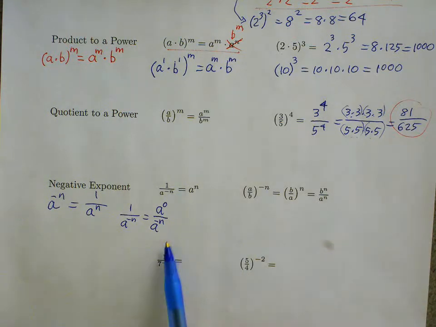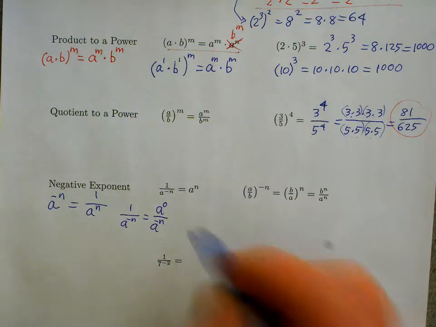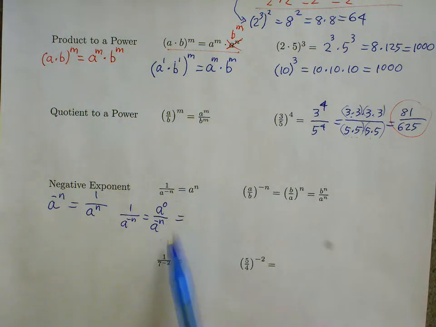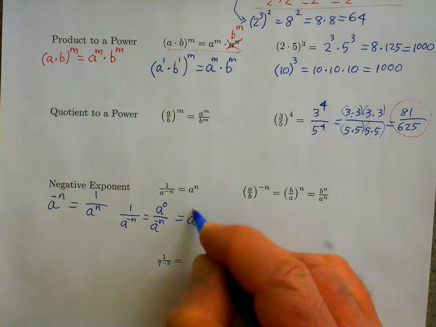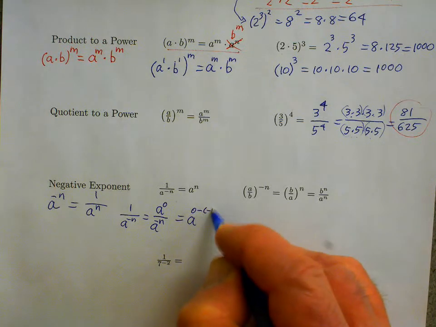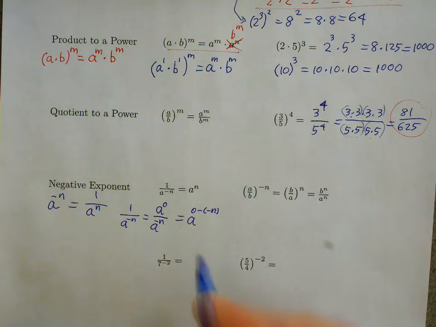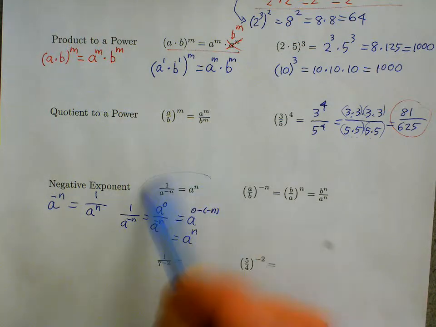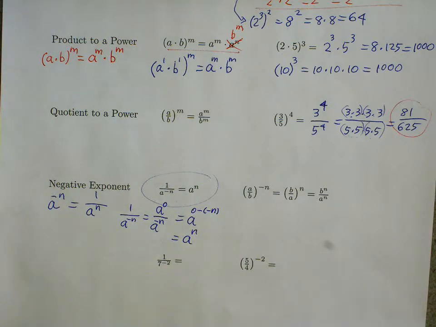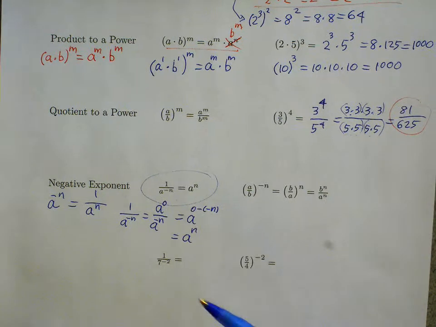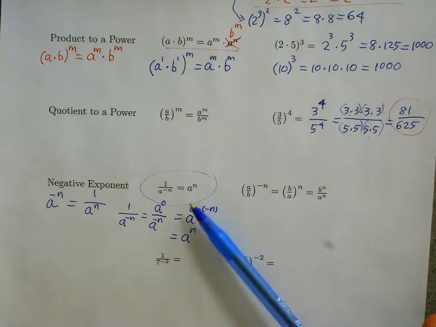And then if we use the quotient property that we saw on the first page, a to the power 0 divided by a to the power negative n is a to the 0 minus negative n. But 0 minus negative n is 0 plus n, and 0 plus n is n. So now we're convinced that 1 over a to the negative n is just a to the n.